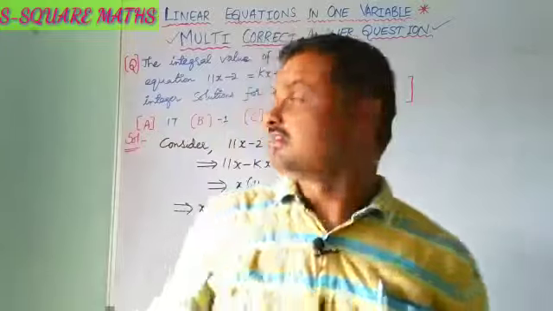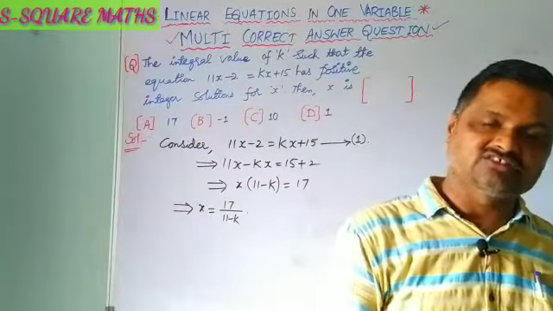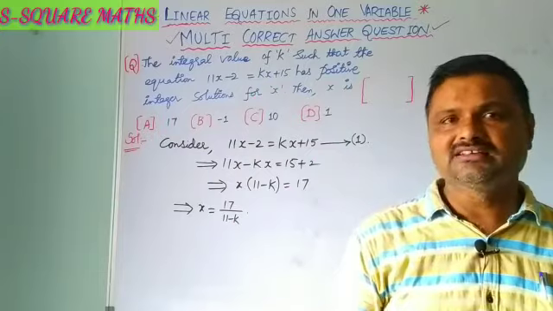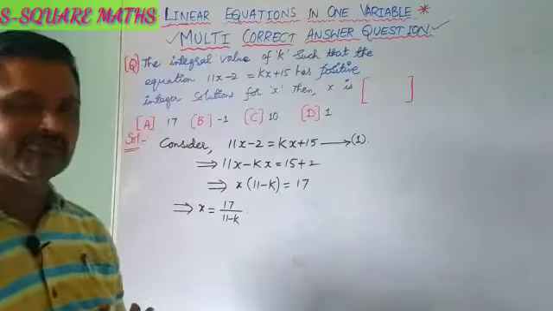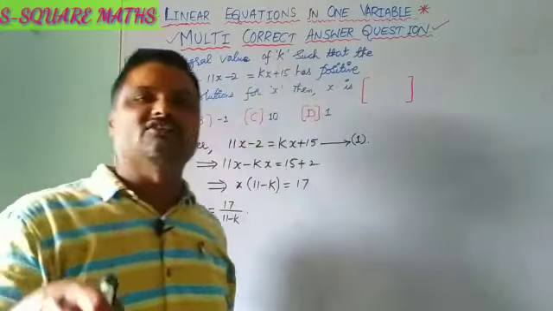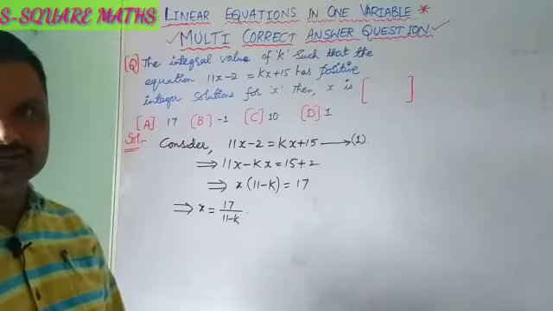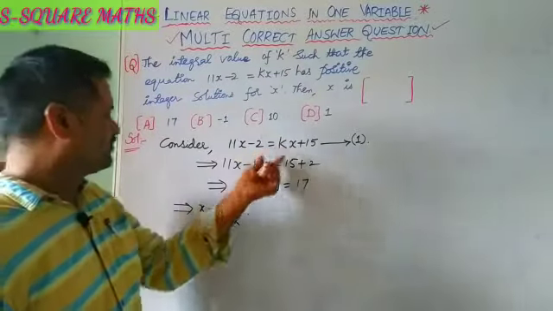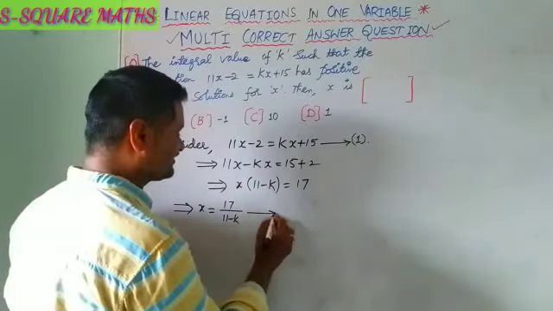To get integer solutions for x. The integral value of k means k assumes integer values, negative, positive or 0, that we have to consider. Up to now it's very easy to handle the basic steps.